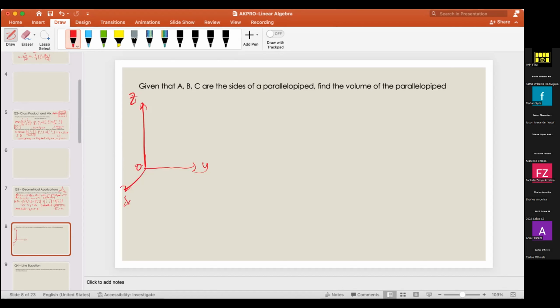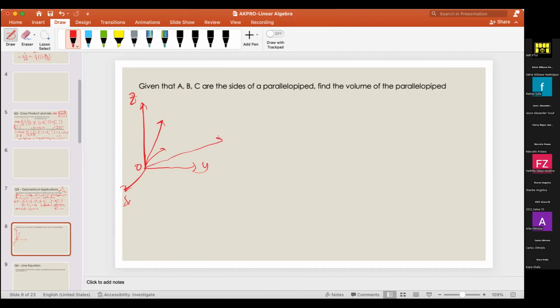This is what it will look like. Hopefully I can draw vectors. If it's not that good, I'm sorry. Forgive me. This is the best that I can do.